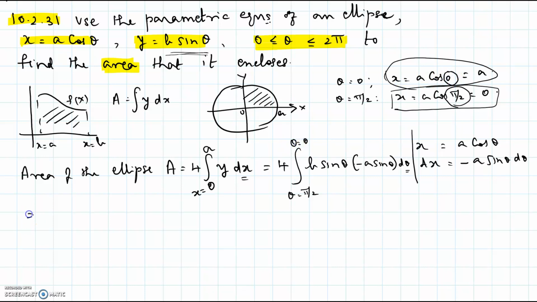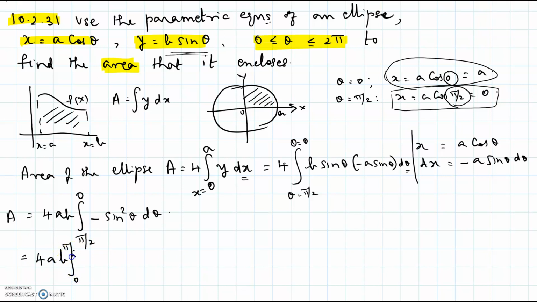So we get area equal to 4 times, then inside you have ab that can be pulled out, integral from pi by 2 to 0 of negative sine square theta d theta. But as we have the limits pi by 2 to 0, if you switch them, you can get rid of the negative sign.